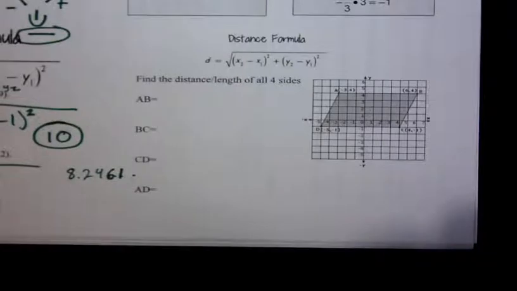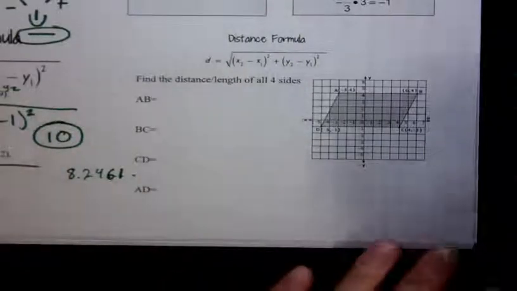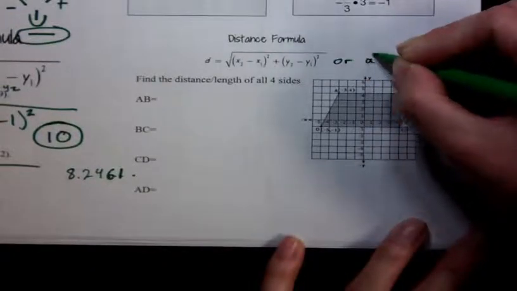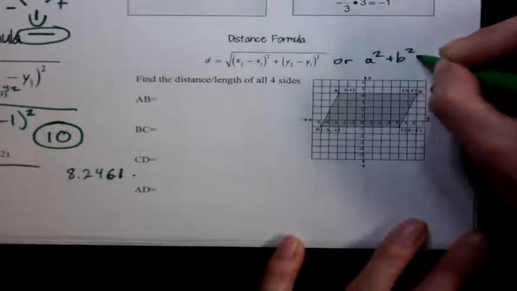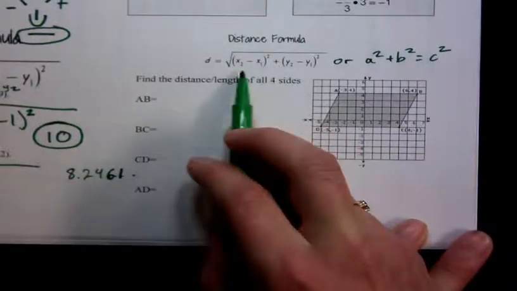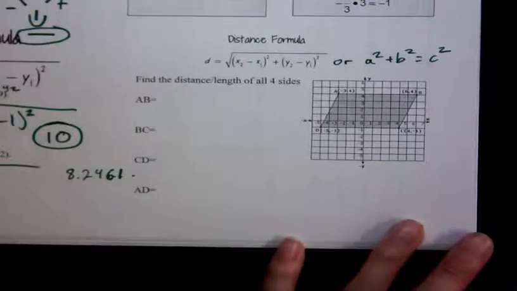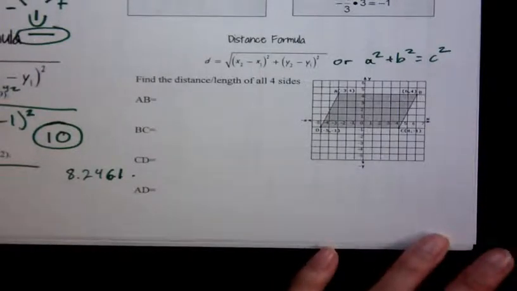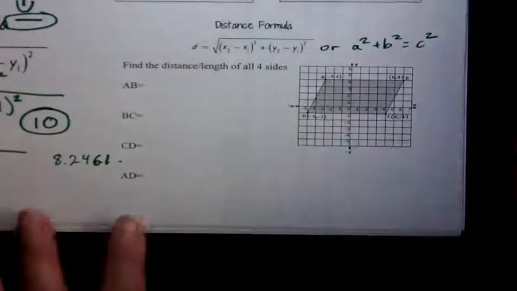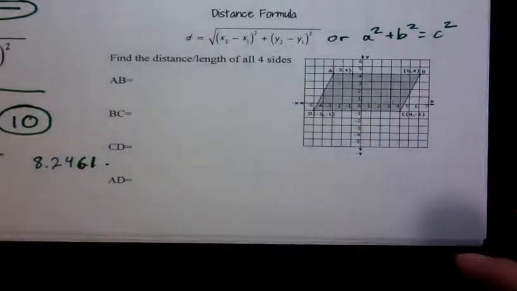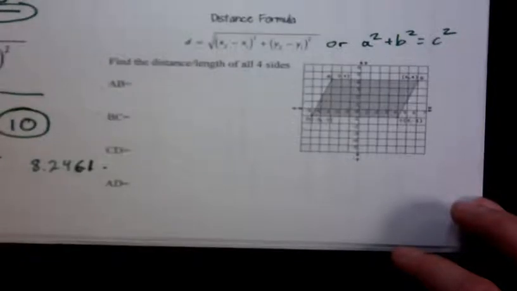So I found in this unit, because anytime you're finding the distance you'll also be graphing the points, a lot of people choose to use just the Pythagorean theorem instead, which is the same thing, because when we subtract out the points, this becomes a squared plus b squared. So on here, we're going to find the distance just from the graph instead of from the formula. So distance of AB, can I count that?